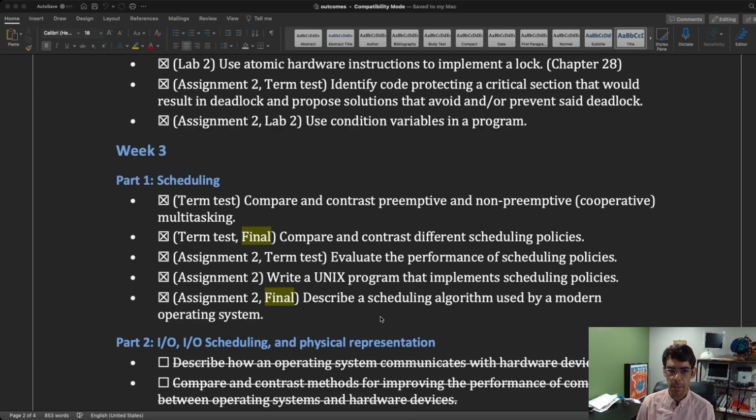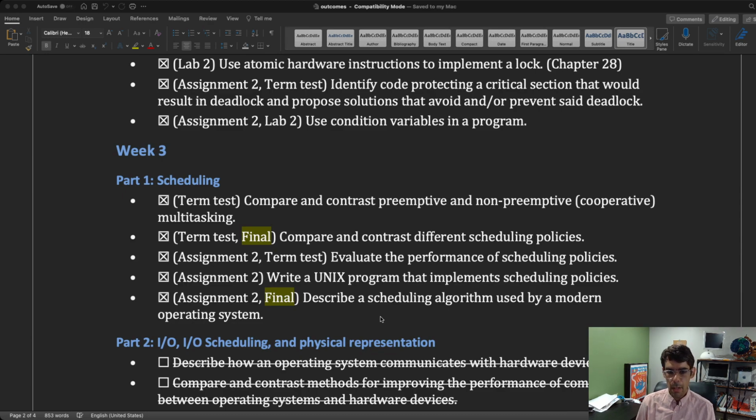So the basic ones: first in, first out, FIFO, shortest job first, shortest time to completion first, round robin, and multi-level feedback queue. I'm not thinking about the completely fair scheduler. I'm not thinking about lottery scheduling. I'm not thinking about anything from the Linux kernel.